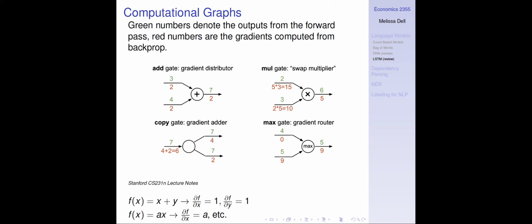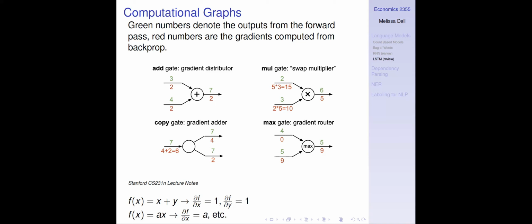We tend to like addition because that just distributes gradients. Here you have a node performing an operation. The green numbers are the output you get on the forward pass, and the red numbers are the gradient from the backwards pass. If you add, you just distribute out the gradient, because the derivative of x plus y with respect to x is 1, ditto with respect to y.